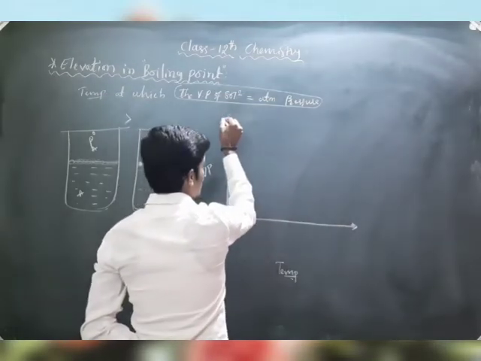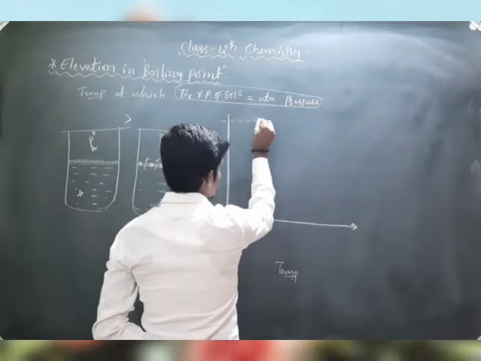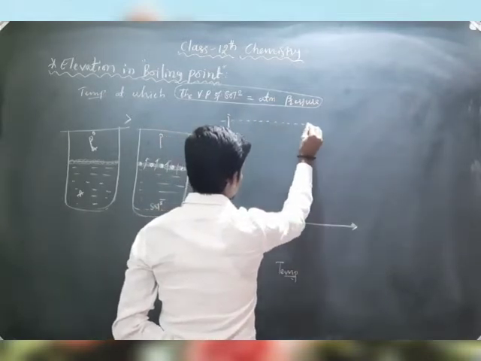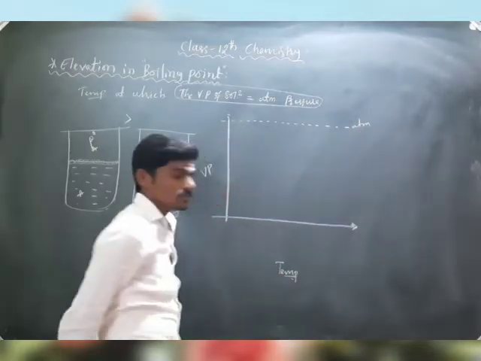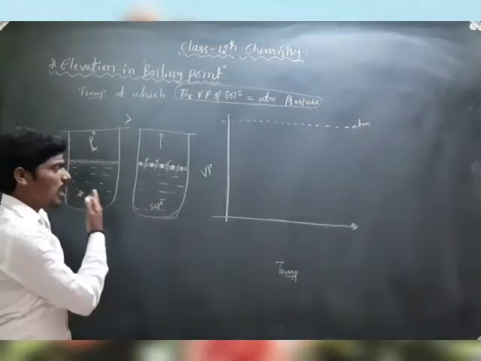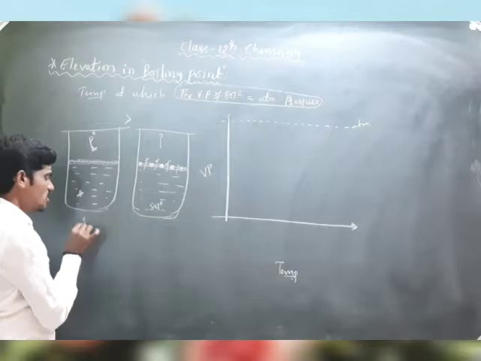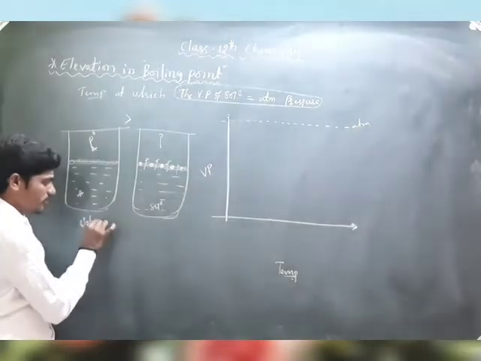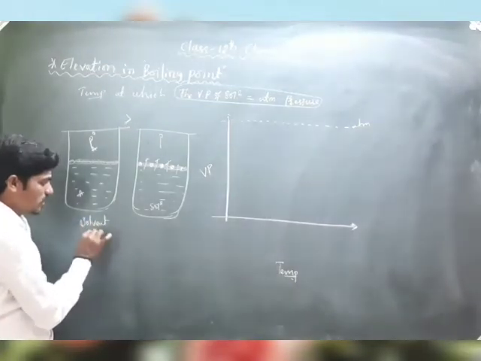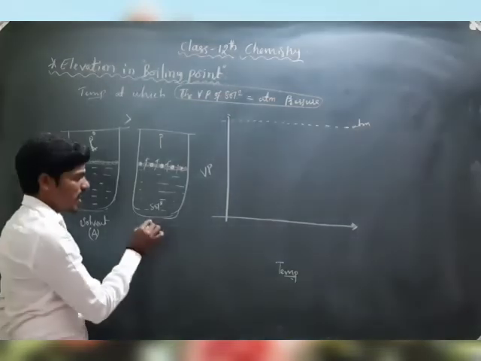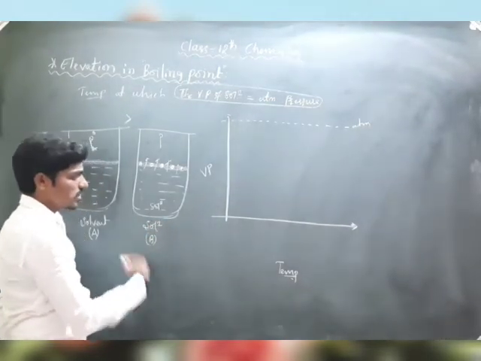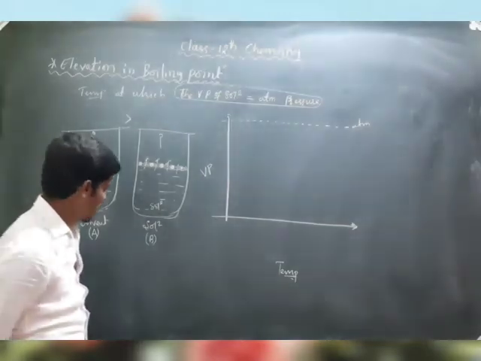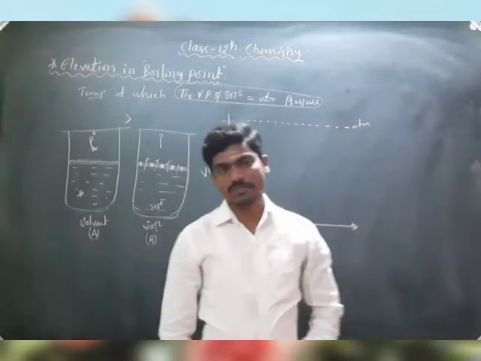Assume this is the constant atmospheric pressure. Now I have taken two components: one is the solvent, let us call it A, and the second is the solution, that is B.